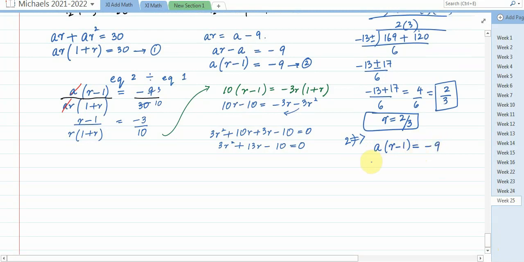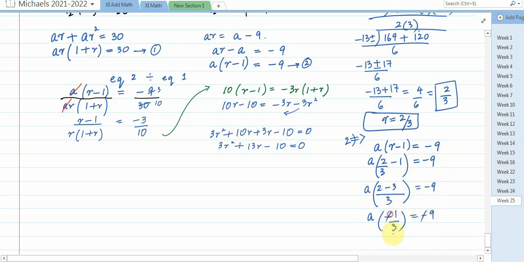So a into r is 2 over 3, minus 1, equals minus 9. You can take LCM here, that is 3. So that is 2 minus 3, so a times minus 1 upon 3 equals minus 9. Minus and minus cancel. The value of a is 27, and that is your answer.